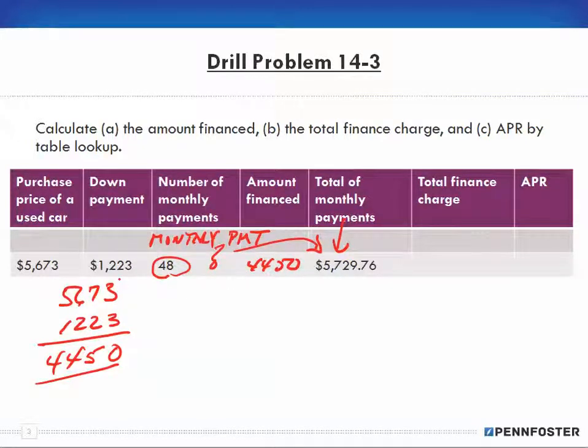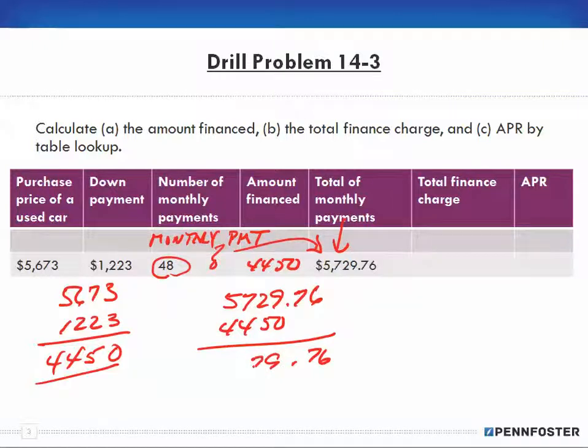We did that for problem 14-1, except in this problem it's not asking us to do that, it's just telling us what our monthly payment is. Well, we take the $5,729.76 and we subtract the amount we're borrowing, which is $4,450. Okay, and so the total finance charge is $1,279.76.